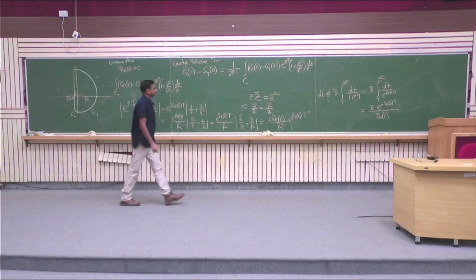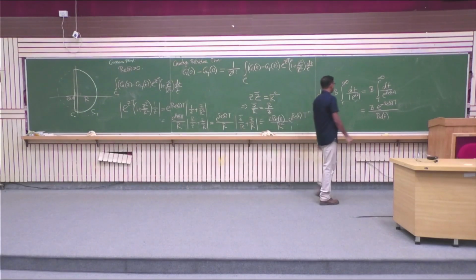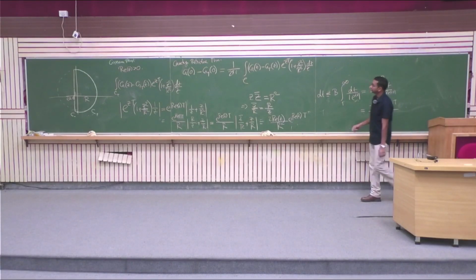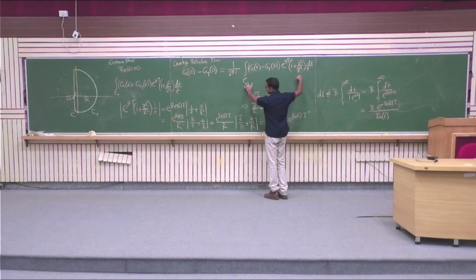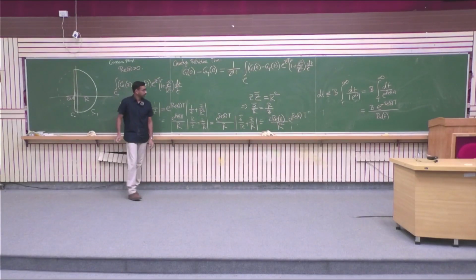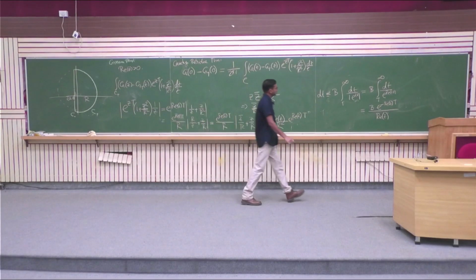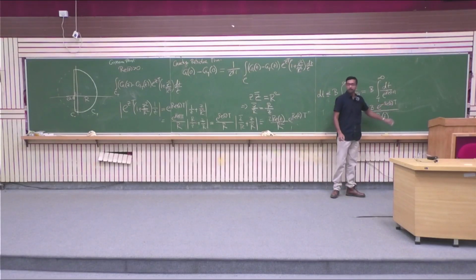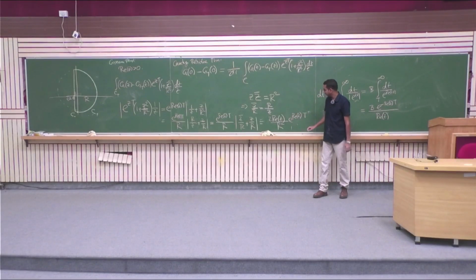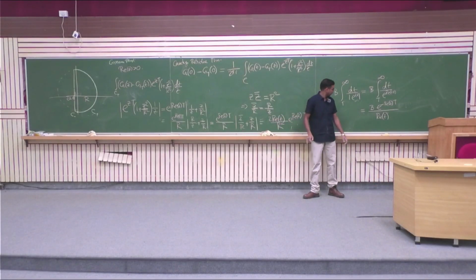When you multiply this and this, what happens? We are considering this entire integral on the part C plus. You see that e to the power minus real part of zt gets cancelled, the real part of z also gets cancelled, and there remains only 2 by r squared and b.